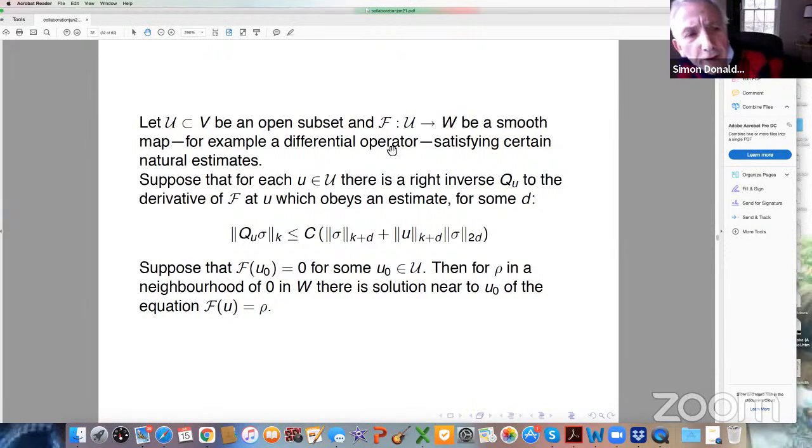And the crucial hypothesis is that we could invert the linearization of this map F. So at each point in U, we have the derivative of F, or the corresponding linear operator, and we want there to be, for the result, we'll consider just a right inverse Q_U to this.